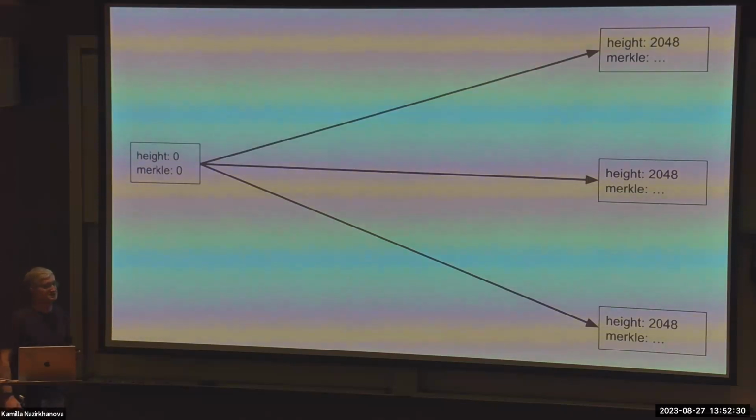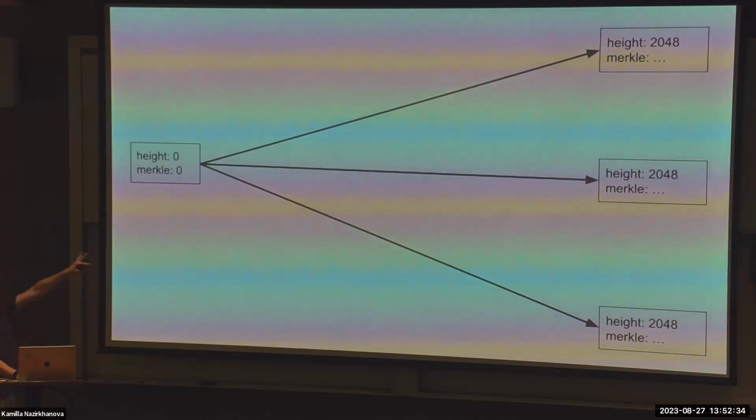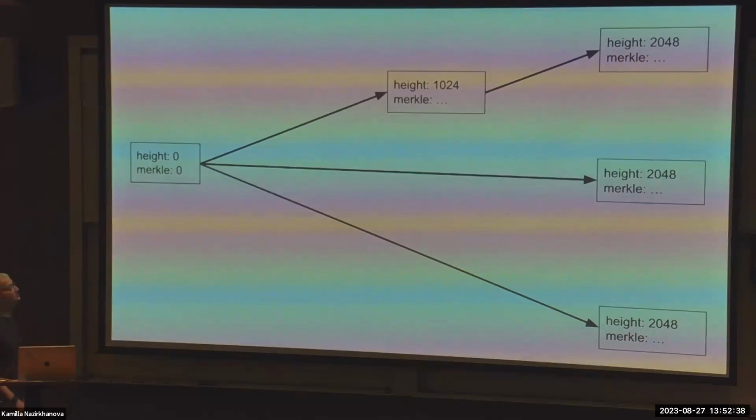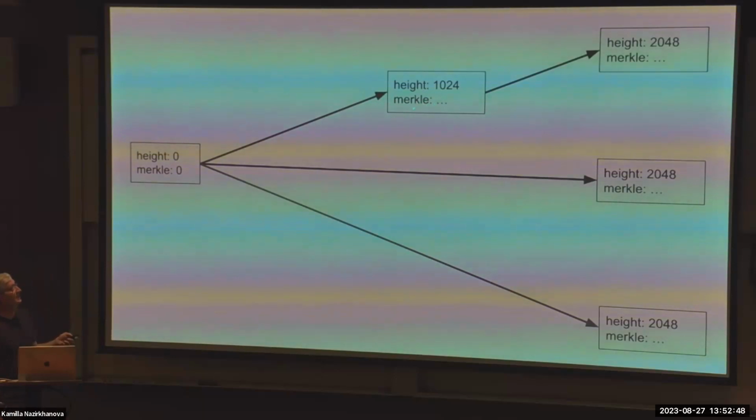Now, one of the first things that someone might do in a challenge, and in our particular story, anyone is going to bisect this top edge. What that means is they're going to insert into the middle of it a specific claim at halfway between height 0 and 2048, at 1024, and they assert a certain Merkle hash of the history up to 1024.